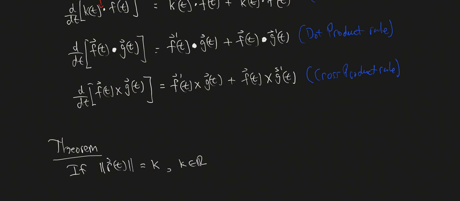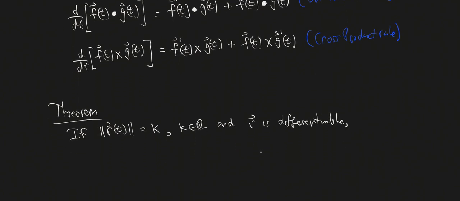If the magnitude of the vector function is always a constant, and R is differentiable, then it turns out that the vector function and its derivative are always orthogonal to each other.